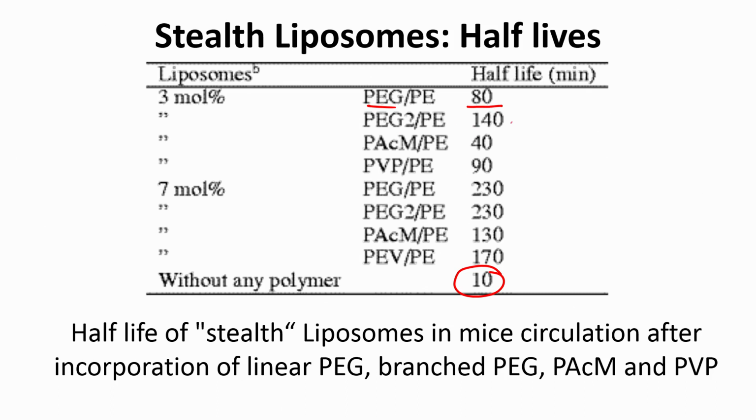You can have the branched PEG that we talked about, and it further increases because it is more effective, and then you can increase the PEG amount, and then these values also further increase. As you can see, it has gone from 80 to 230, and the branched PEG did not really change much. So all of these strategies can then be used to increase the half life of these.